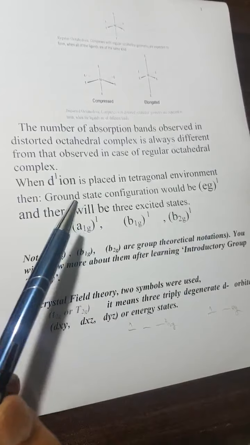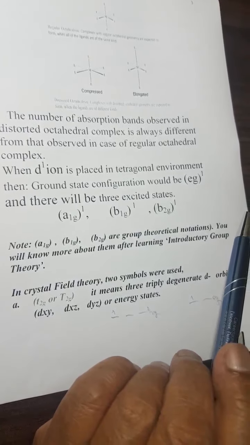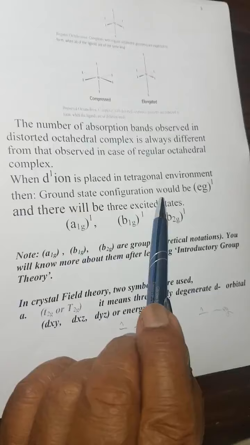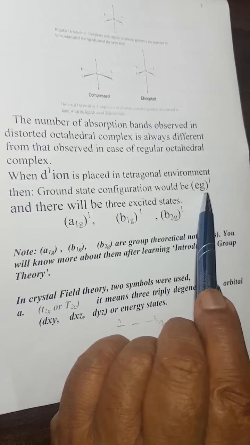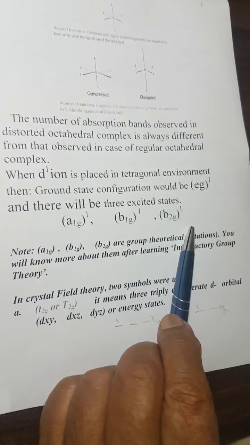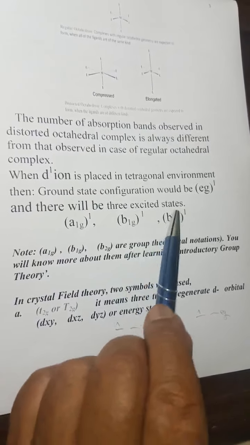When a d1 ion is placed in a tetragonal environment, meaning distorted, not regular, then the ground state configuration would be Eg, and the excited state configurations will be A1g, B1g, and B2g.